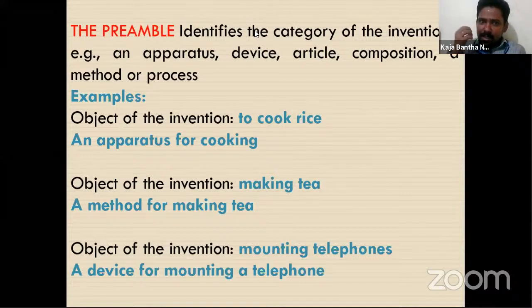Your invention is a cooker, the objective is to cook rice, and the claim starts with an apparatus for cooking. For tea, a method for making a tea. Like this it starts.